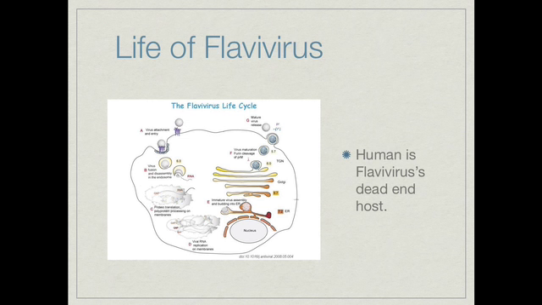First we have the virus attaching and entering the cell, then the virus fusing and disassembling in the endosome, and then protein translation, and then viral RNA replication on membranes, and all the way till the end, the mature virus is released outside the cell and ready to enter another cell. And as I know, the human is a dead-end host for yellow fever.